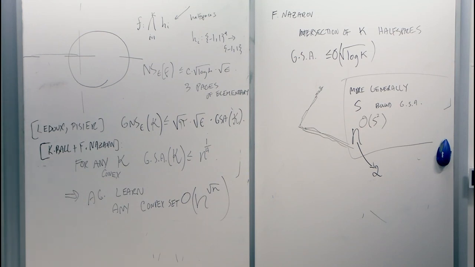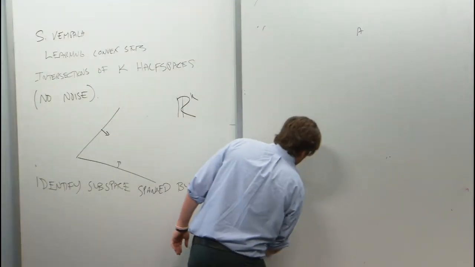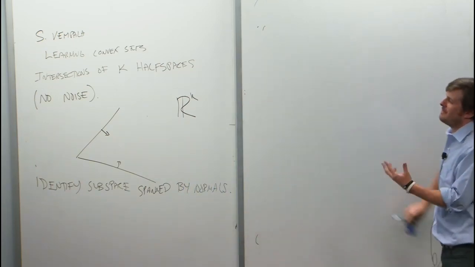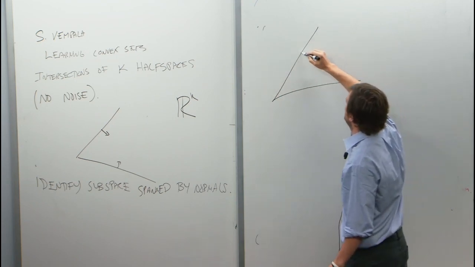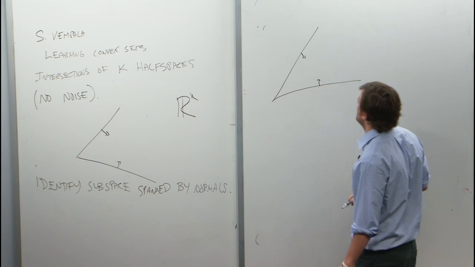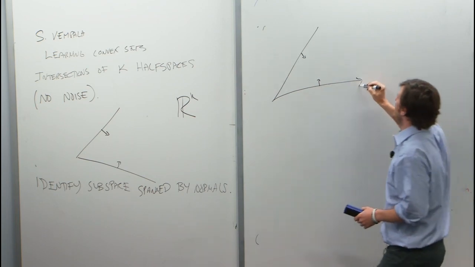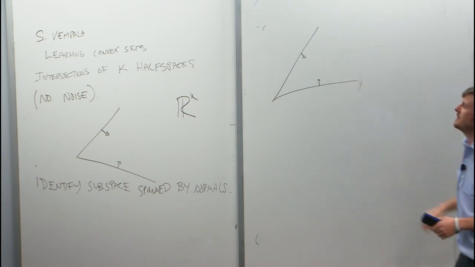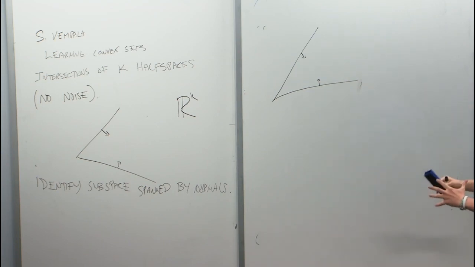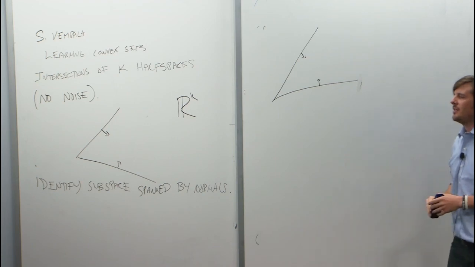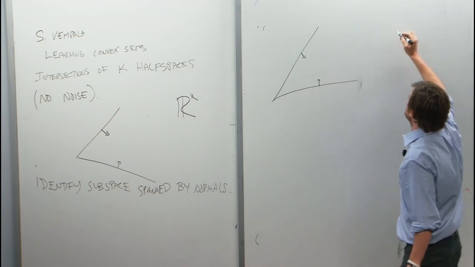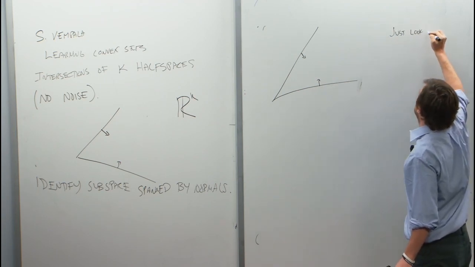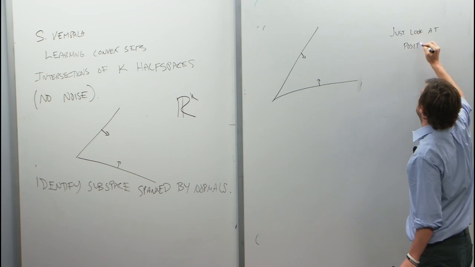And here's an idea as to why you should be able to identify the subspace spanned by the normals. Again, I'll think of a wedge. Remember, we're in R^n, but we're trying to learn the intersection of two half spaces. So consider, we're getting all of these points. They're drawn from a Gaussian distribution. And let's just look at the positively labeled points.